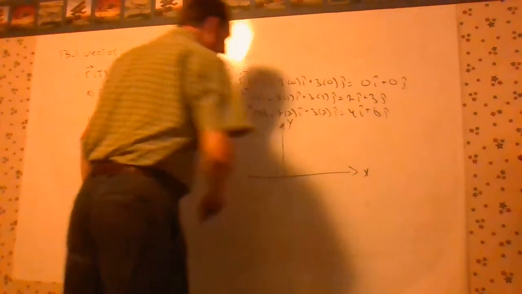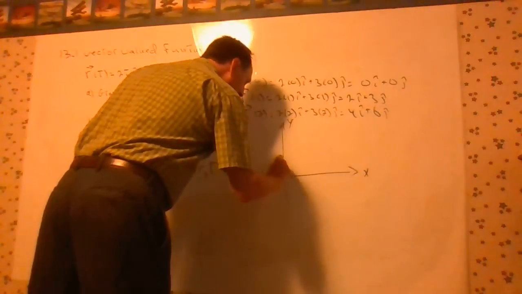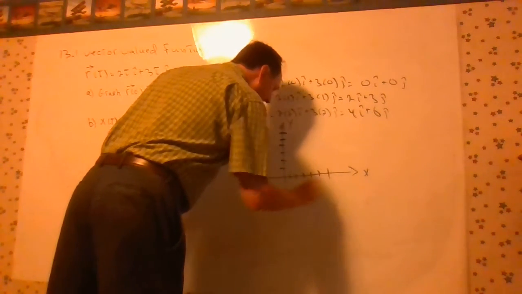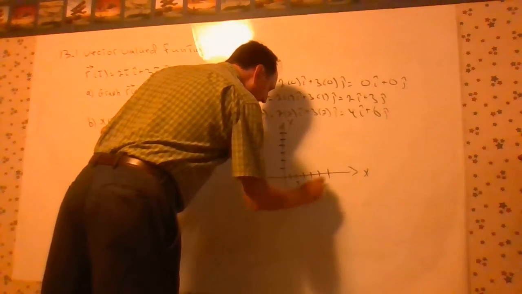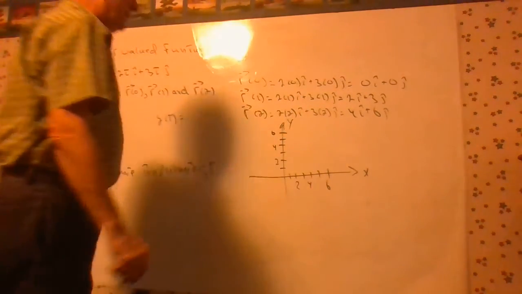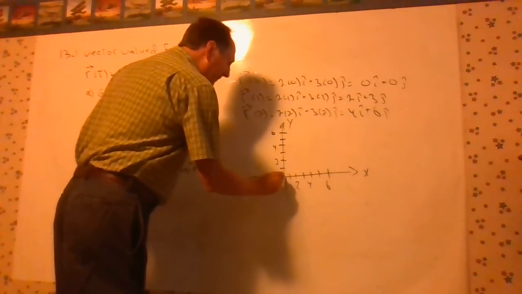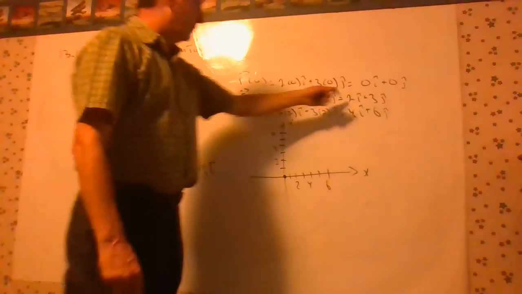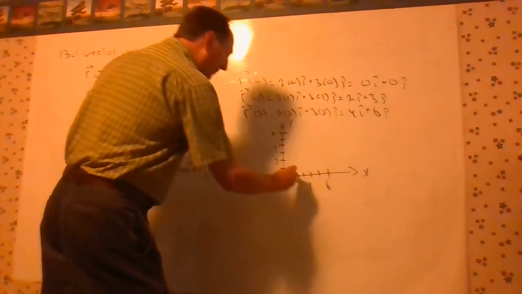Now, as far as a graph is concerned, there's x, there's y, and 1, 2, 3, 4, 5, 6 on each axis, and that's 2, 4, 6. And r of 0, well, that's just the origin. R of 1, 2i plus 3j, we go over 2 and up 3.